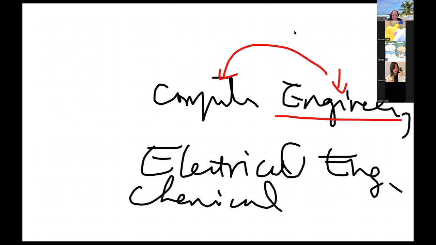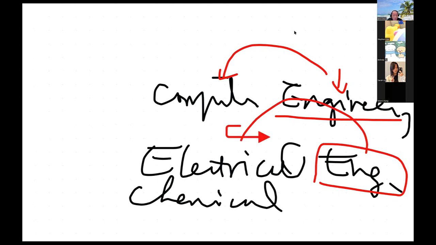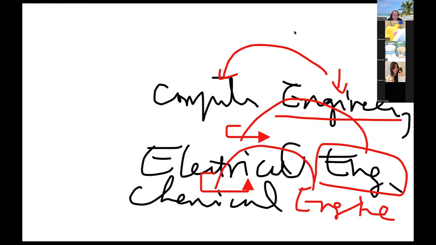So electrical engineering is an engineering discipline to make electronic devices. Chemical engineering is an engineering discipline to make chemical products. Okay, so this is very clear.